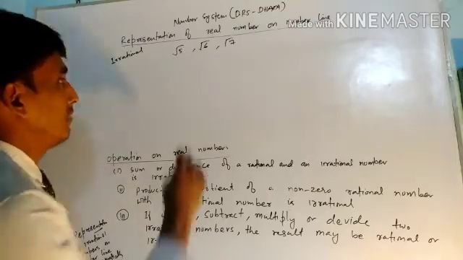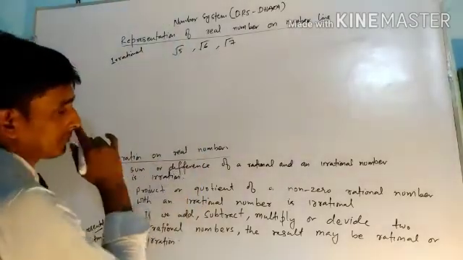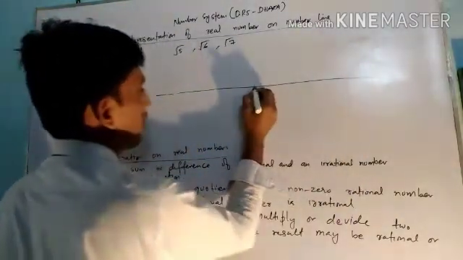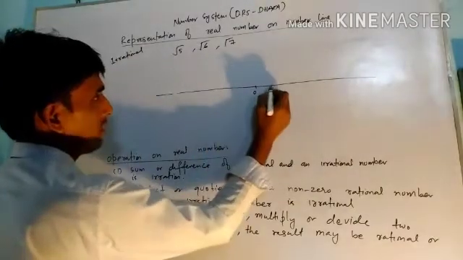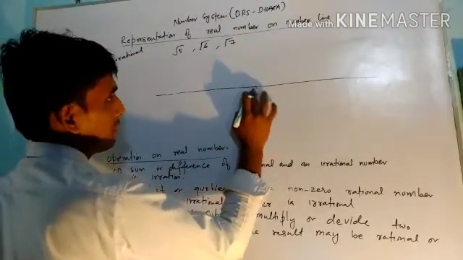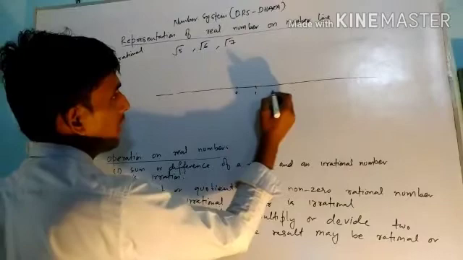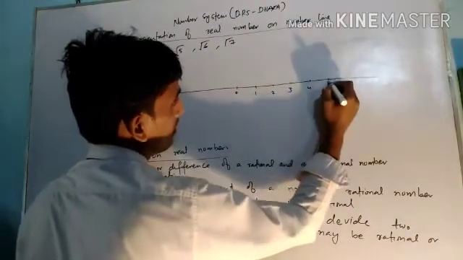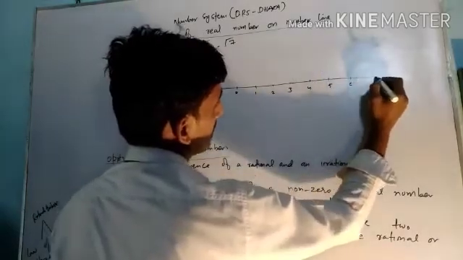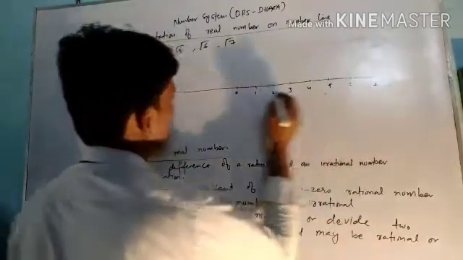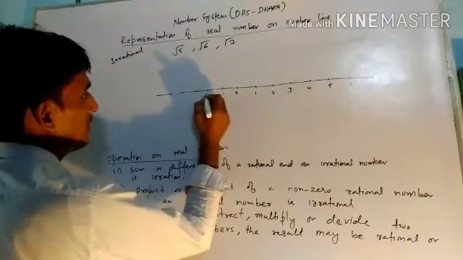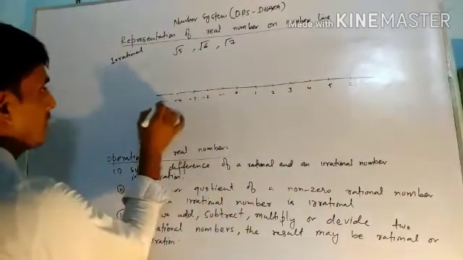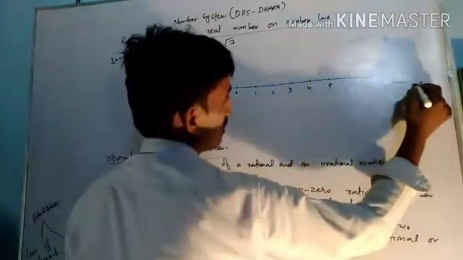on the number line, first of all what we do, we draw a number line. Suppose this is representing 0, 1, 2, 3, 4, 5, 6, 7, minus 1, minus 2, minus 3, minus 4 and so on up to infinity, and here up to infinity.